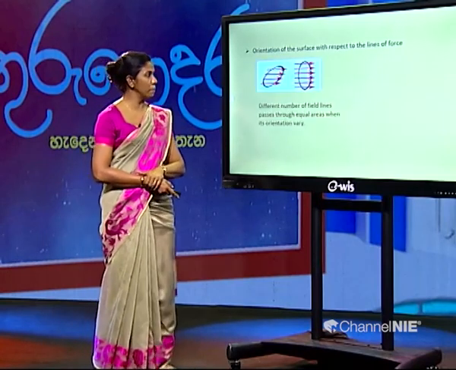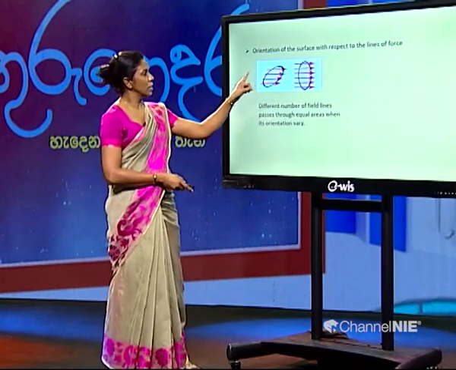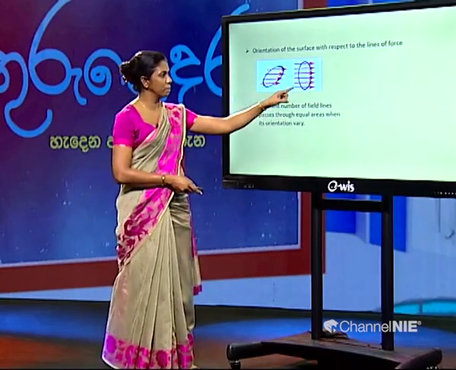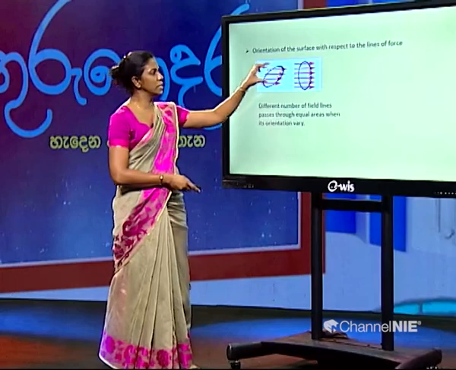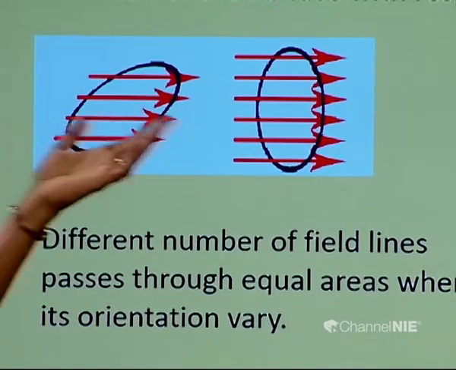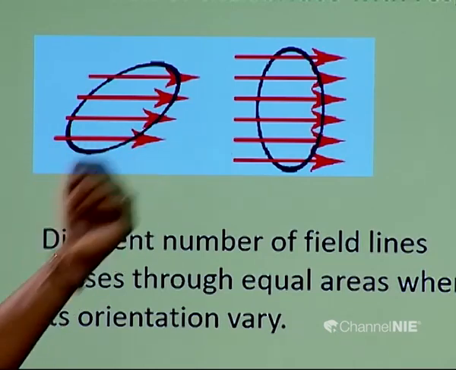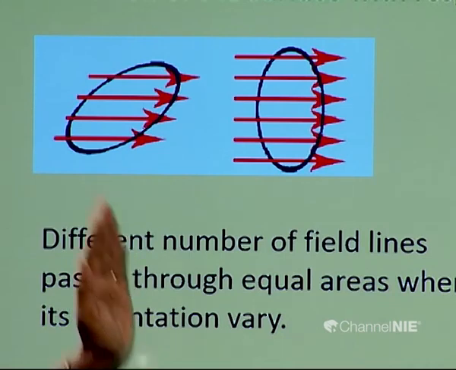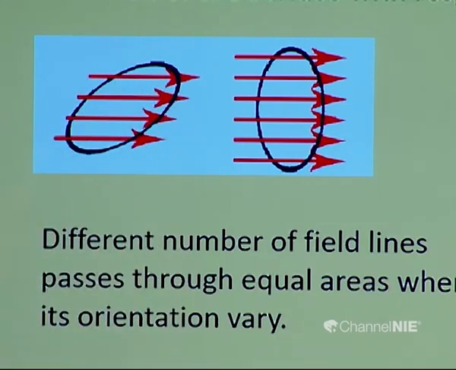For example, I have chosen equal, identical fields. You see the line density is the same, which means the field intensities are equal. And I have also chosen equal areas, but one surface is kept perpendicular to the field while the other is inclined to it.